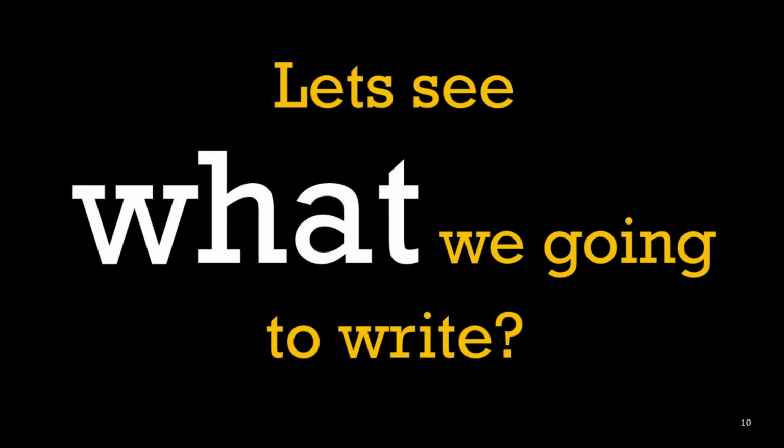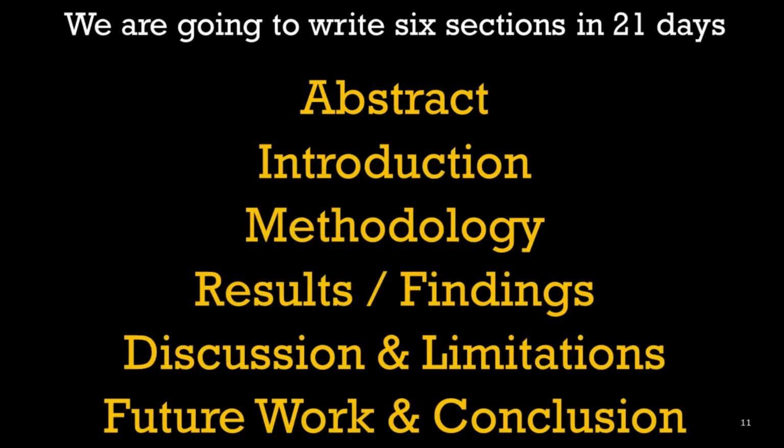Now let's see what we are going to write over the next 21 days. If you look at a systematic literature review paper, these are the broad sections you will find: abstract, introduction, methodology, results or findings, discussion and limitations, future work, and conclusion.